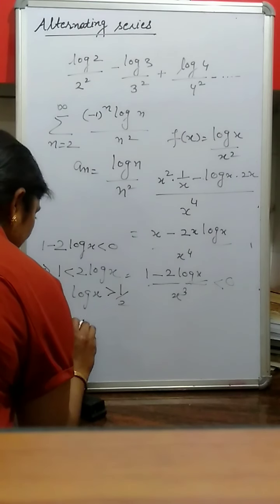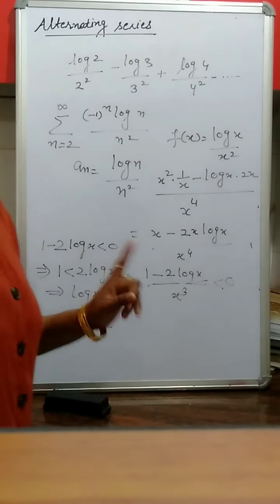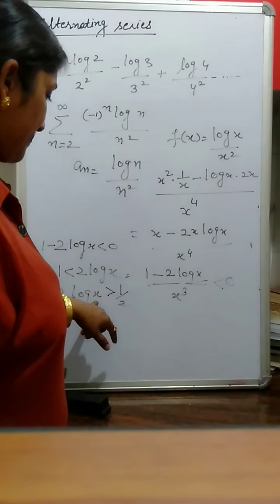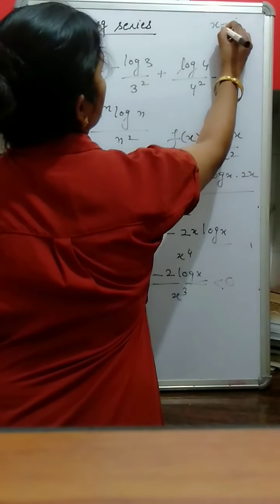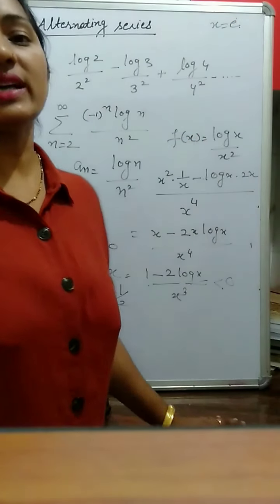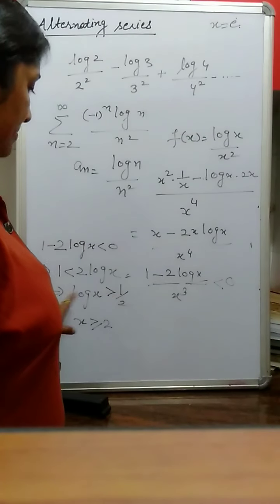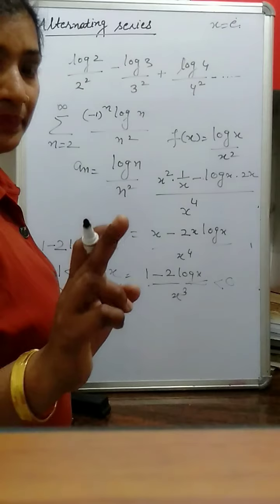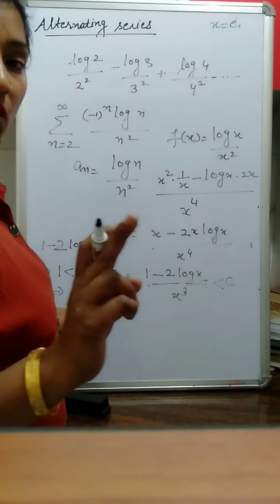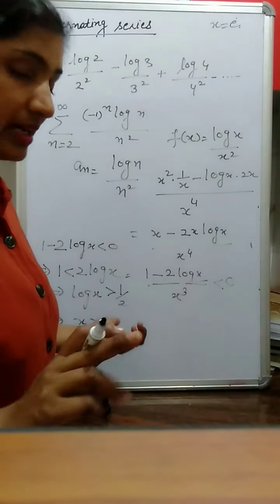It implies x is greater than or equal to 2, because when x is equal to e, log x will be 1. So log x will be greater than 1 by 2 when x is greater than or equal to 2, because when x is 3, log of 3 is greater than 1, so it is greater than 1 by 2. Clear?